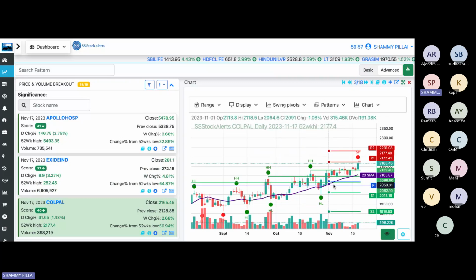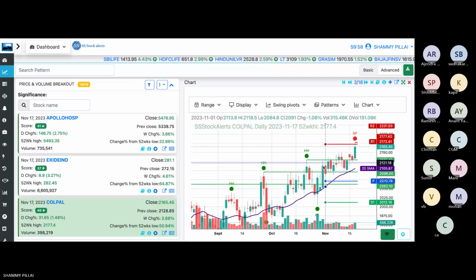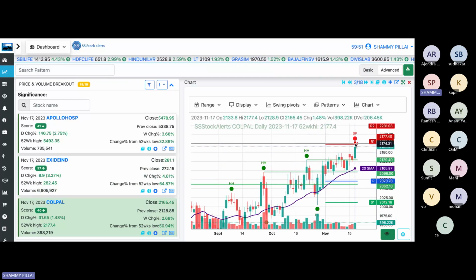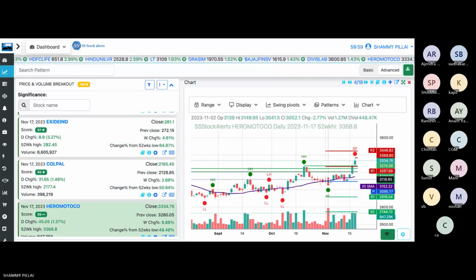Strongest stocks will never come below their pivots, monthly pivots. Traveled up, retraced back to pivot, 2073, 100 points up. Hero Motocorp. Traveled up, took support of pivot at 3091, 200 points up.